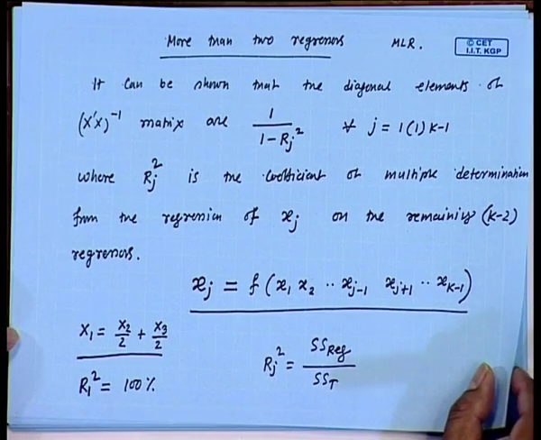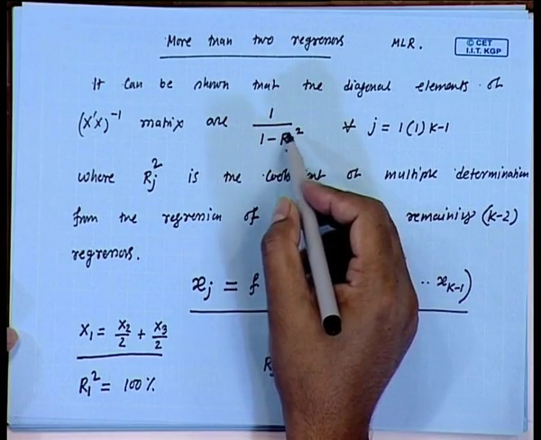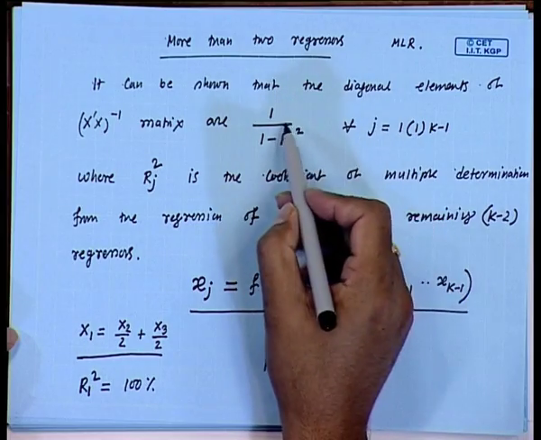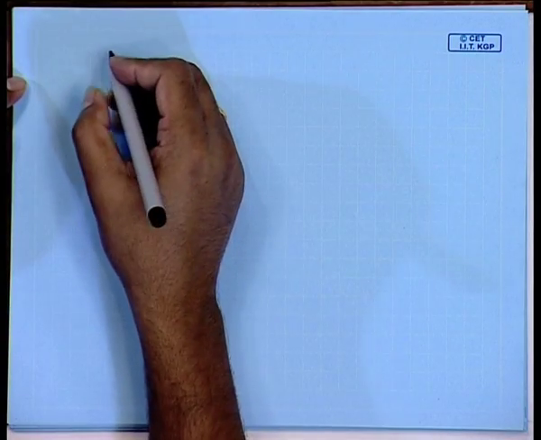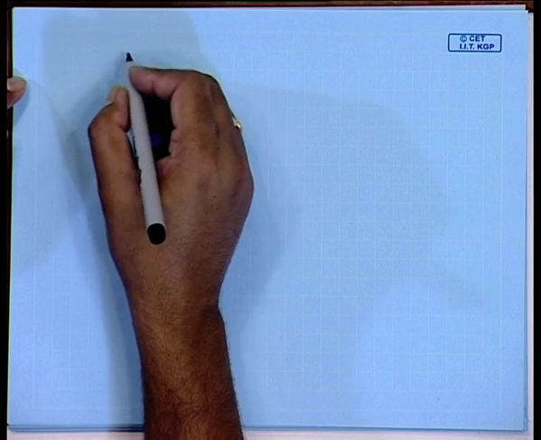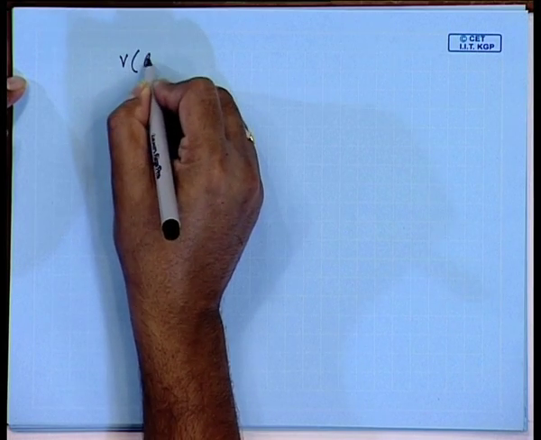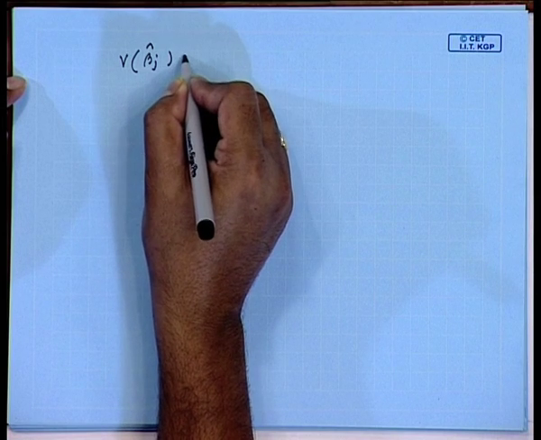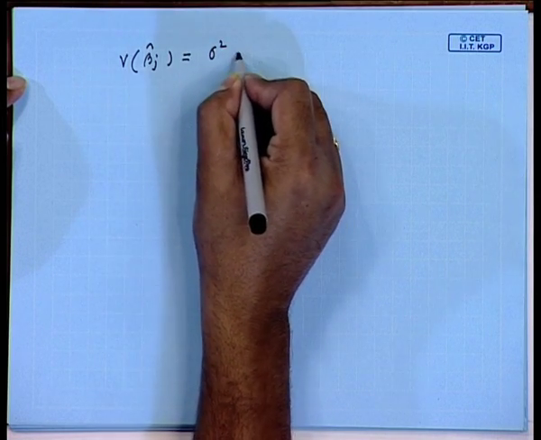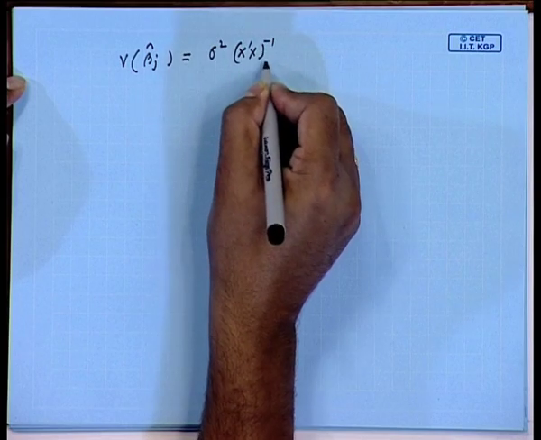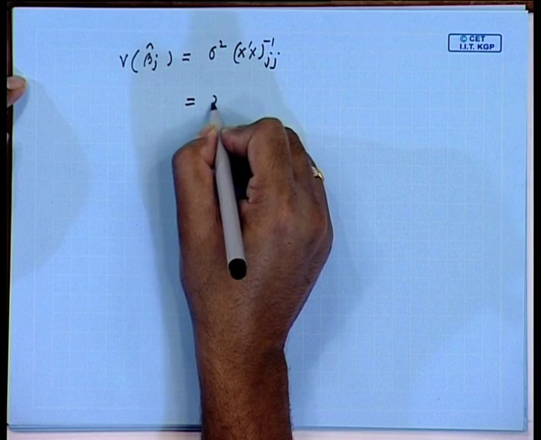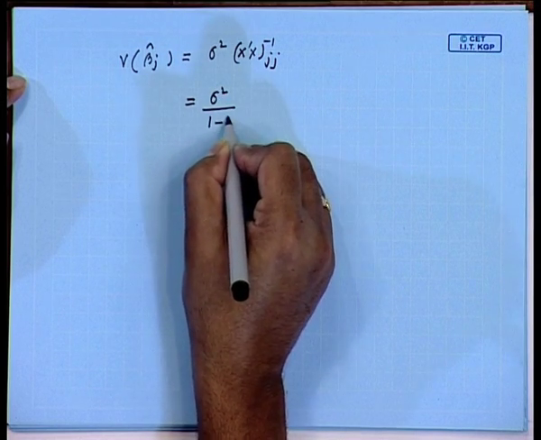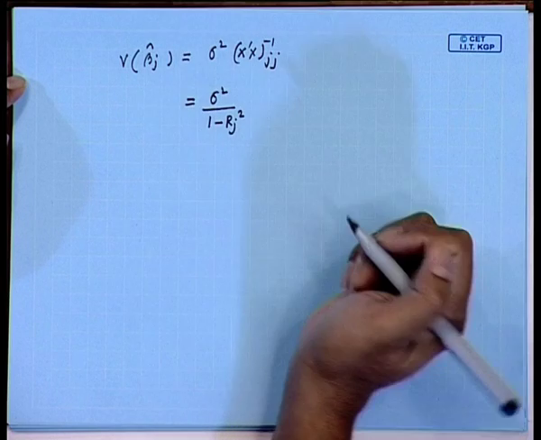Since this is the diagonal element, now I can say that when you have more than two regressors in the multiple linear regression model, the variance of beta j hat is equal to sigma square times the jth diagonal element of X prime X inverse, which is sigma square by 1 minus Rj square.